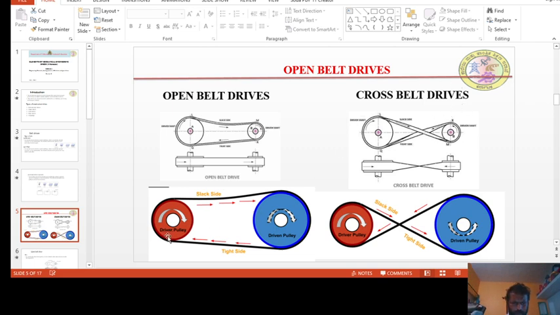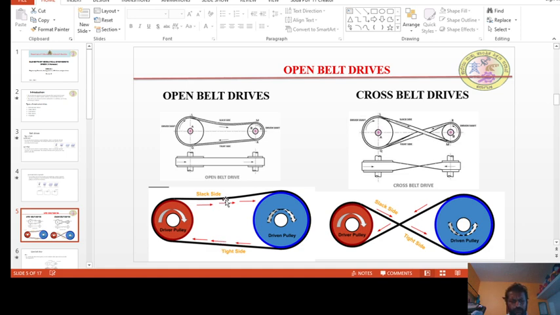Look at here. This is the driving pulley and this is the driven pulley, and around these we have an endless belt. As the driving pulley rotates in the clockwise direction, it pulls the belt from the tight side, so that the driven pulley also rotates in the clockwise direction, and the belt is pulled down and pushed up. You can observe that the tension in the belt is not the same on the top side and the bottom side.